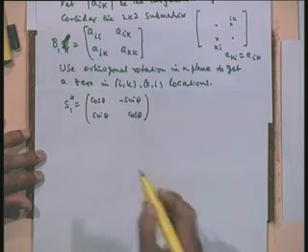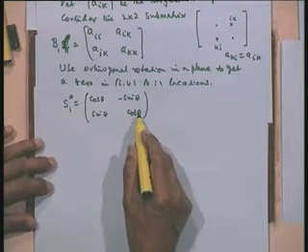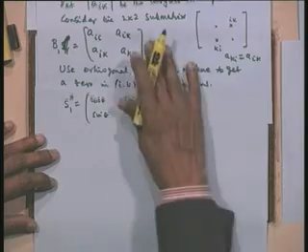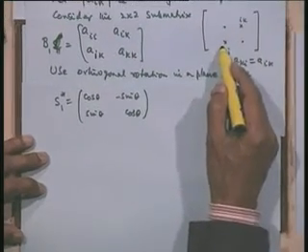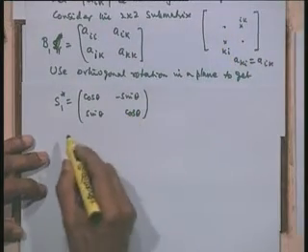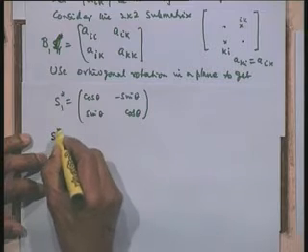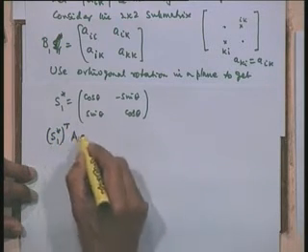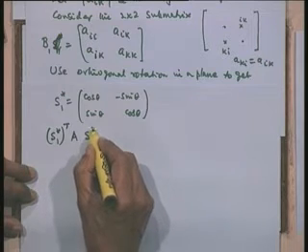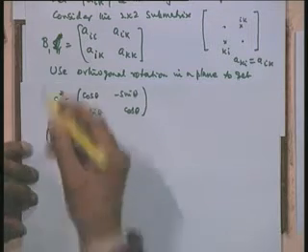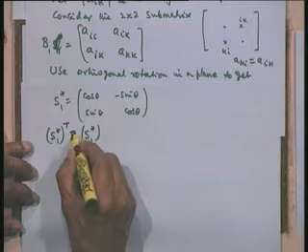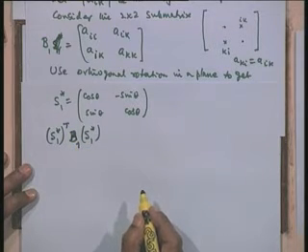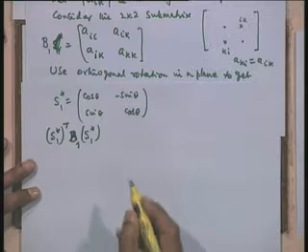Now, the problem is to find the value of theta such that the similarity transformation produces 0 in the ik and ki locations. So, I want to find the value of theta. Now, what is the similarity transformation? Similarity transformation is S1 inverse, here it is transpose, B1 S1 star, that is S1 star transpose B1 S1 star.